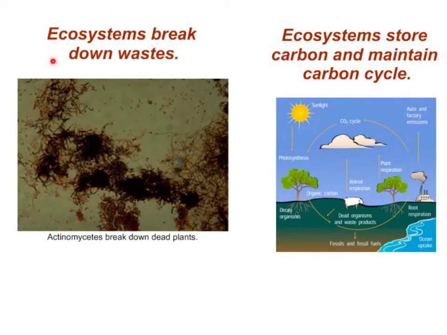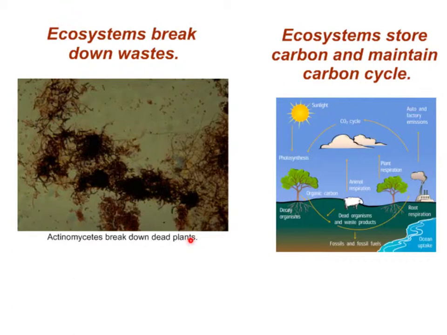Ecosystems break down wastes. That's a very important job. Here is a picture showing actinomycetes breaking down dead plants. Ecosystems decompose organic wastes, not just plants. They decompose domestic or agricultural wastes that are released into different ecosystems, especially wetlands.